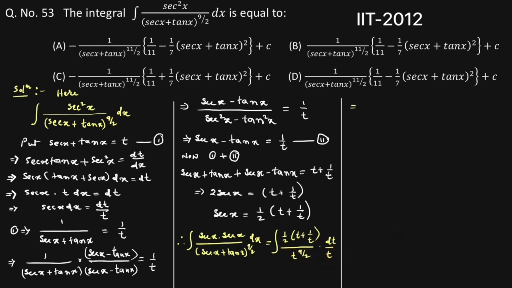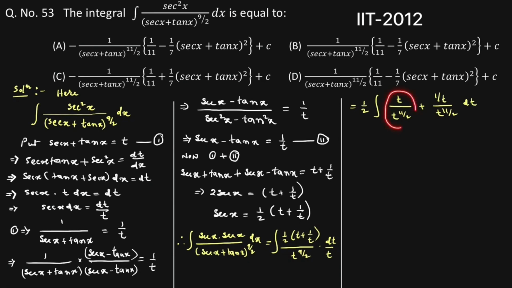So this is equal to 1 by 2, which is taken out, integration of t divided by t to the power 11 by 2 plus 1 by t divided by t to the power 11 by 2, dt.